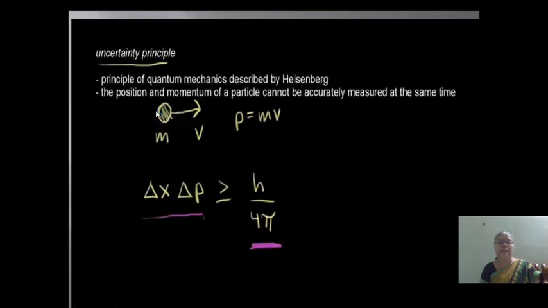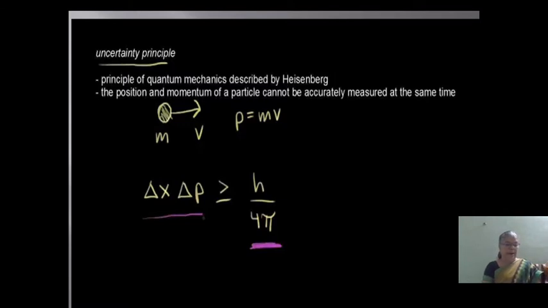Then m into v is the momentum of this particle, and Heisenberg's principle is also mathematically explained as delta x into delta p is greater than or equal to h by 4 pi, where h again is Planck's constant.